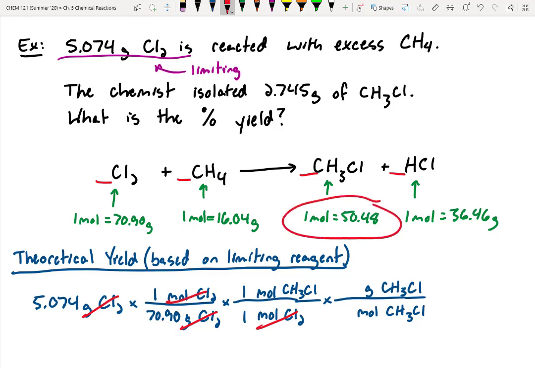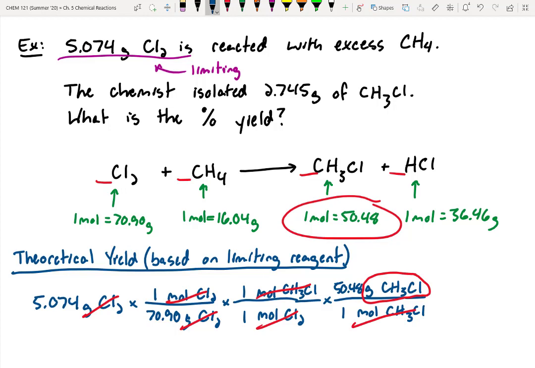So there's 50.48 grams for every 1 mole. Let me change the colors back. 50.48 grams on top for every 1 mole. Okay, now we've canceled out moles of our desired product.